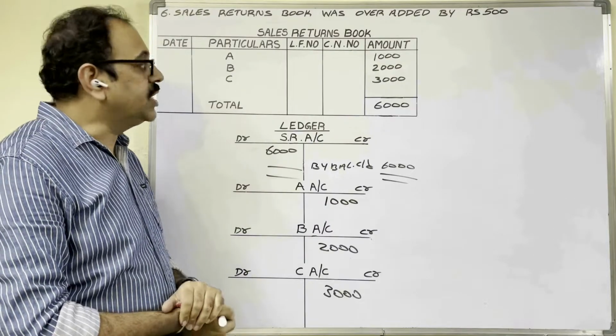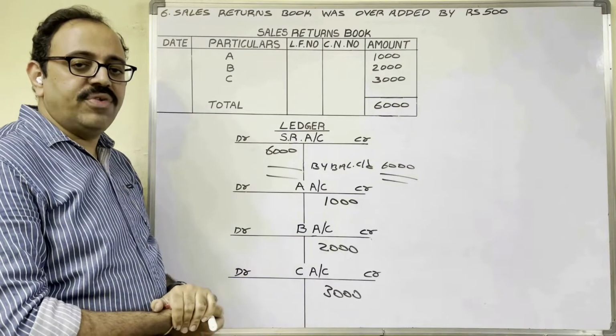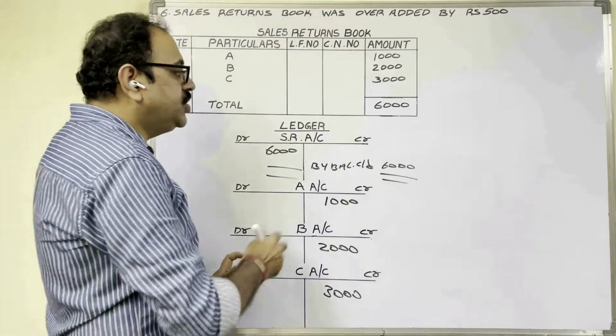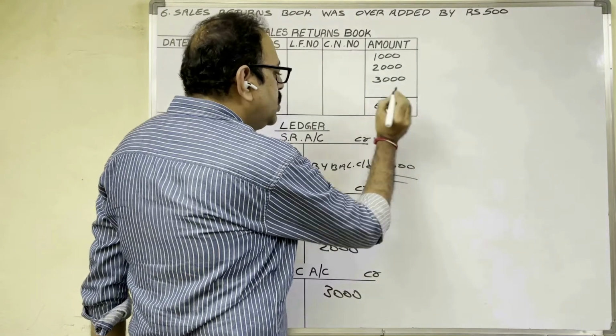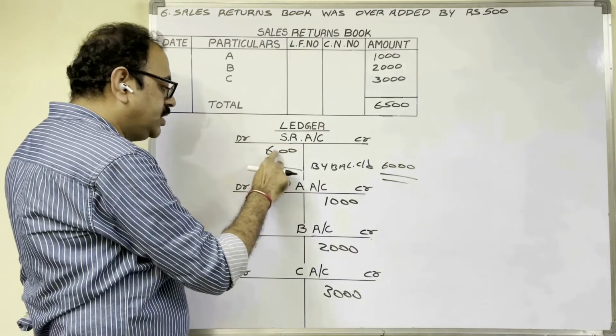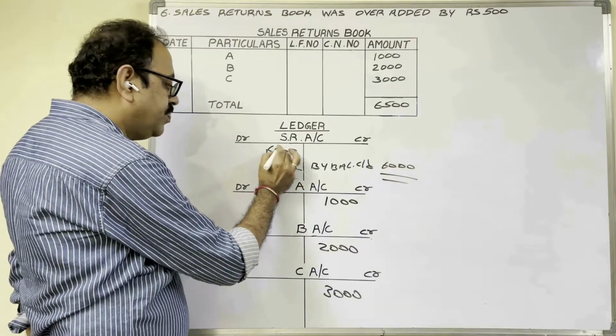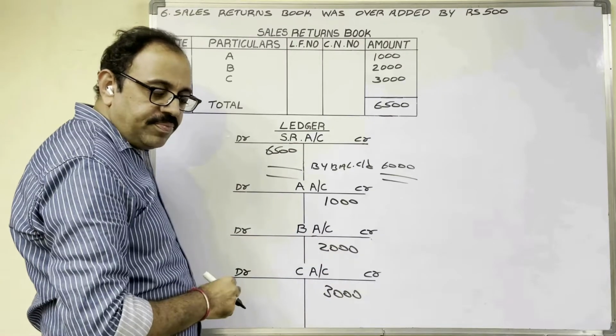Now observe the mistake. Sales returns book was overadded by 500. Means instead of writing 6,000, the accountant wrote 6,500. Then the same total will be taken in the sales returns account. In individual accounts there is no mistake.